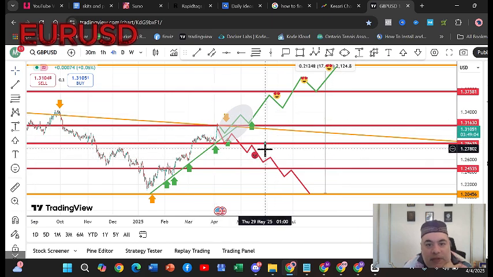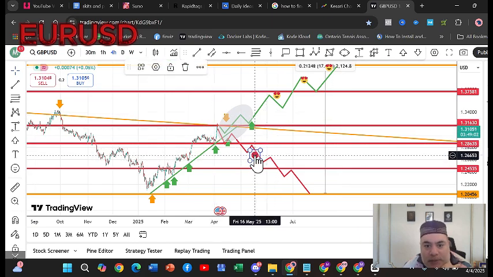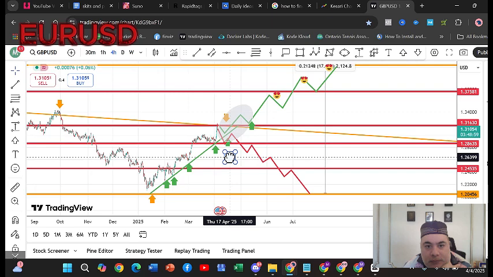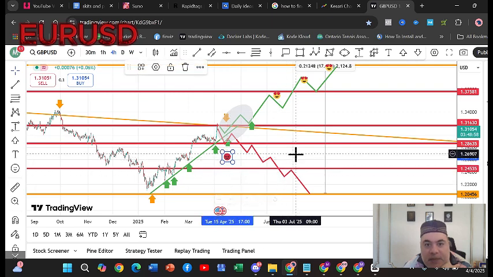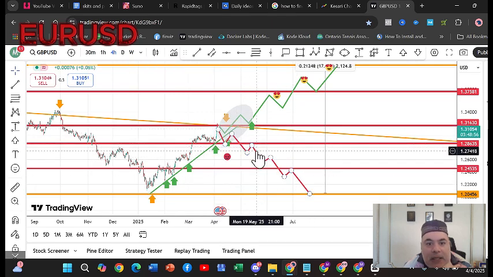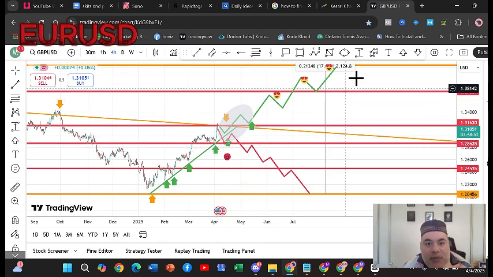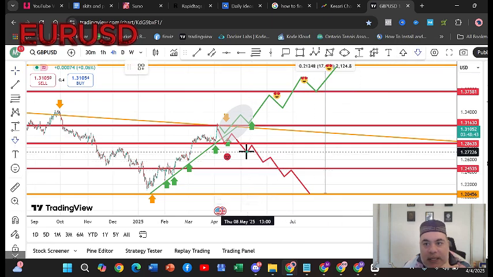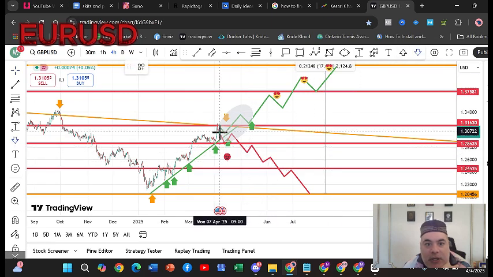Now, if it comes down, I'm going to keep this handy. If it comes down, then my entry point will be right here. Here is my downward. It crashes down, it checks up, and then it's ready to come down.